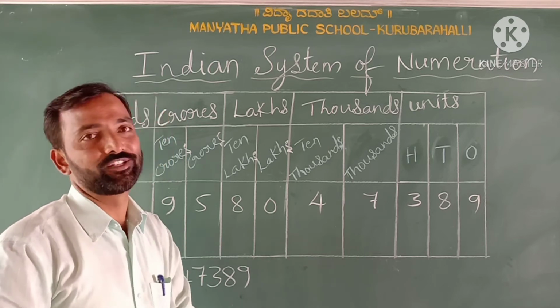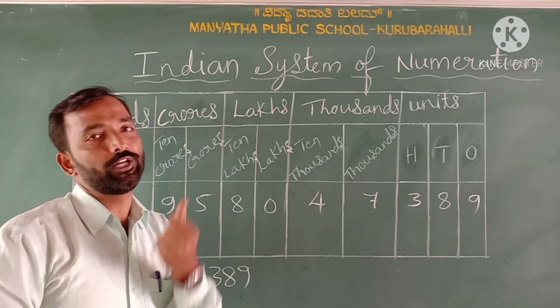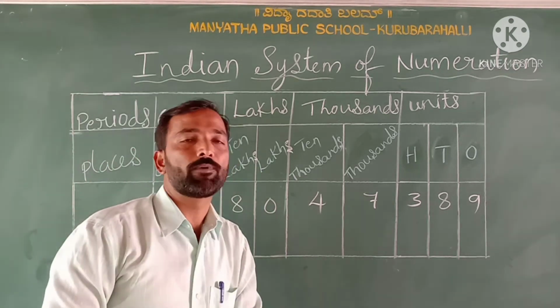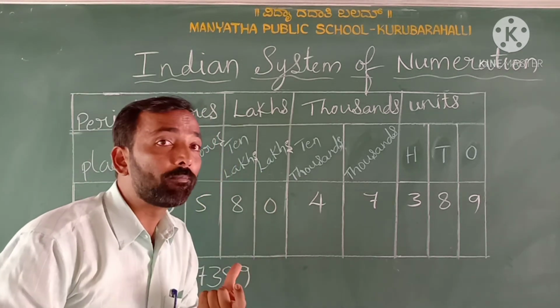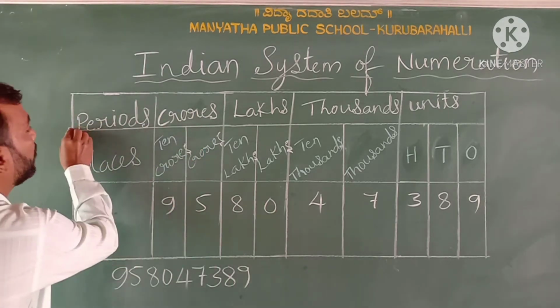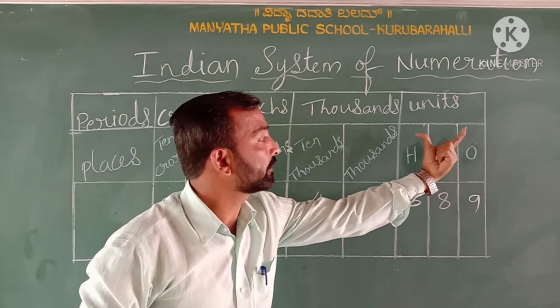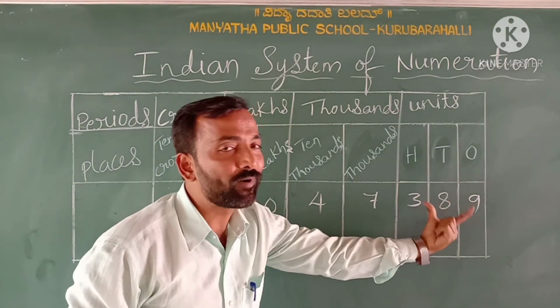That is important. According to the Indian system of numeration, putting the comma is very simple. The first period is units, which is further divided into 3 parts.